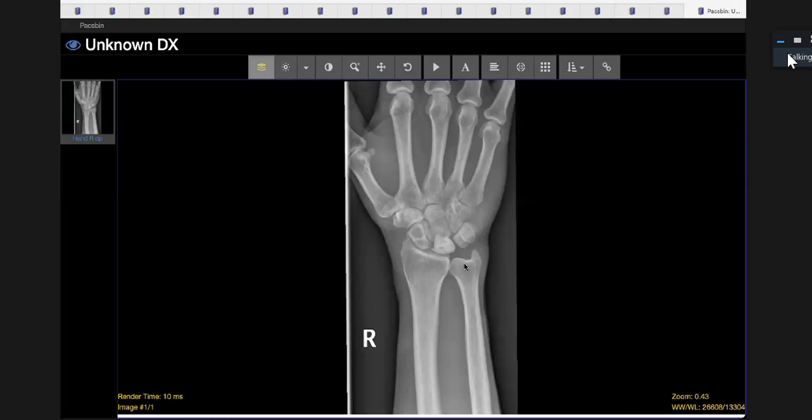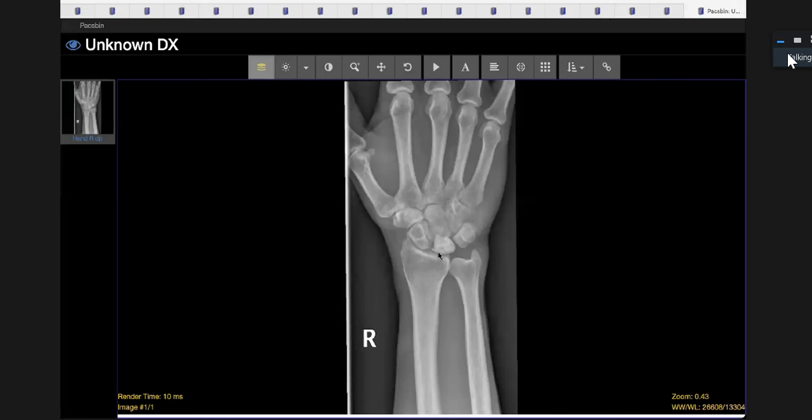I do see a bit of lucency inside the lunate, but this could be projectional. The rest of the bones look okay. Is there another projection? No. So this is likely in keeping with an osteonecrosis of the lunate.